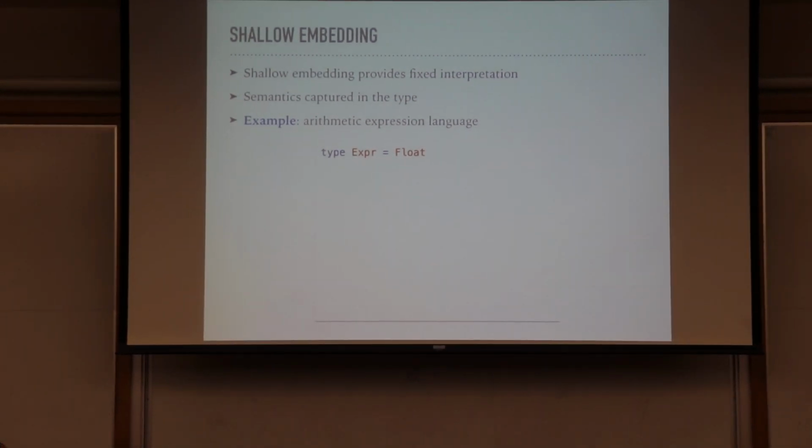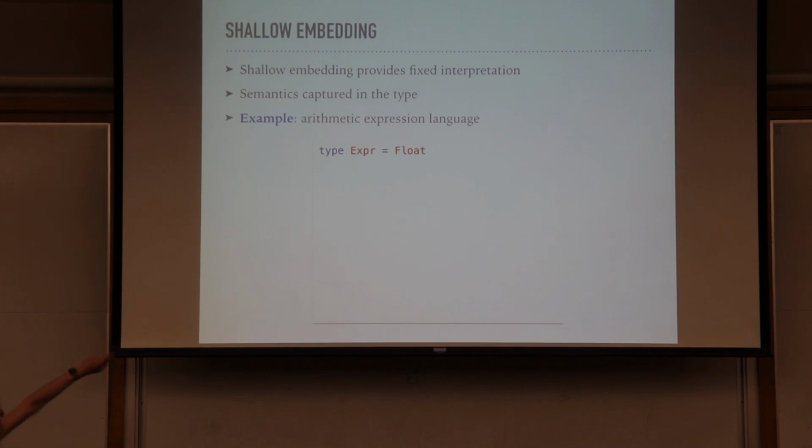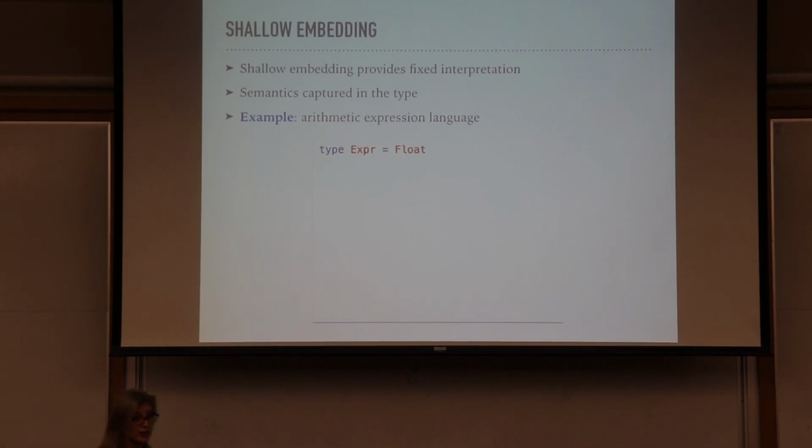I'm happy to explain. So let's say we want to have this arithmetic expression EDSL in Haskell. What I do here is define a type synonym for arithmetic expressions. That is just like a C type synonym, so it doesn't give the type checker any extra information; it just gives Float a new name, which I can now use interchangeably.